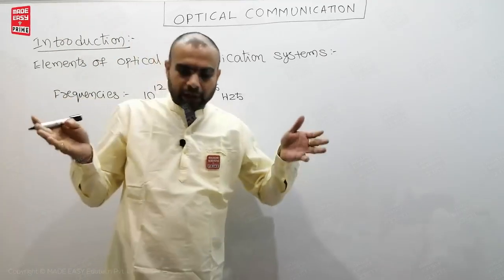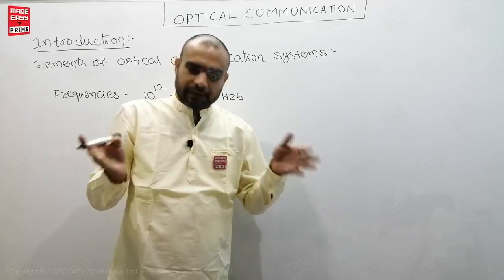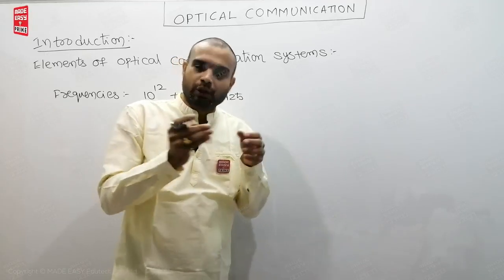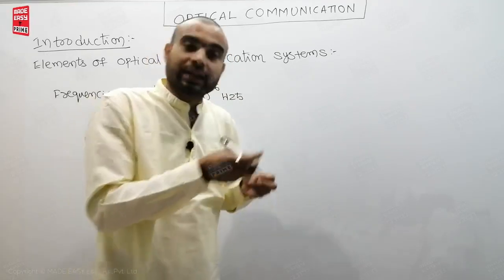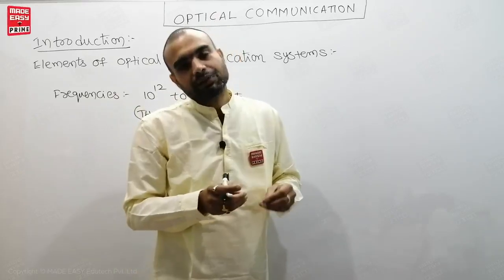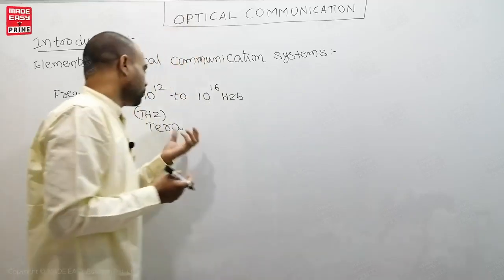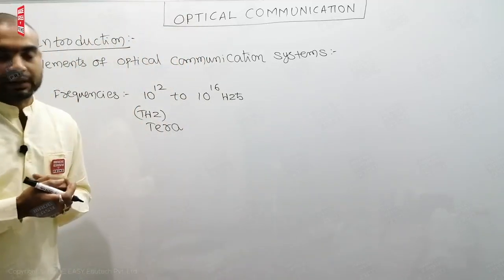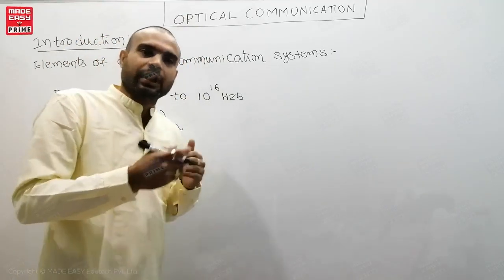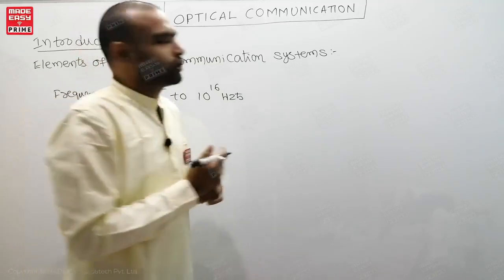If you see the complete electromagnetic spectrum that we studied, kilohertz, megahertz, gigahertz. After gigahertz, we see terahertz. Once we talk about terahertz, it is the region where the light starts.